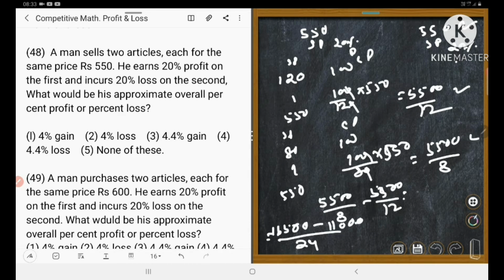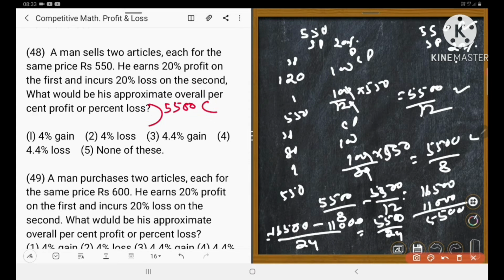So that is 16,500 minus 11,000 is equal to 5500 into 24. Right. So let's do it. What happens? 5500 into 24 is equal to how many?